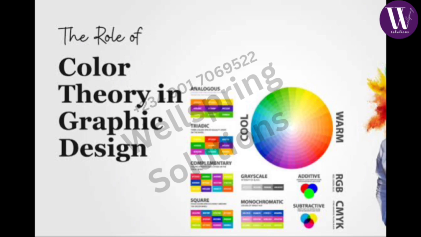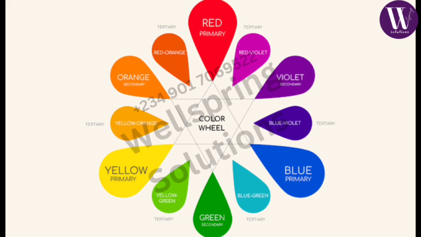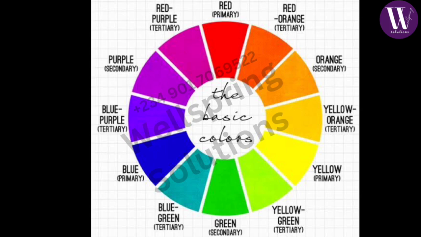Some of the major things are: one, it creates a specific impact, a feel and look. Two, it communicates different messages. Three, it aids a process. When we say color communicates different messages, this is why you have to know colors and their meanings. Colors are not to be used anyhow, and this is why you have to know about color theory and how to use colors.